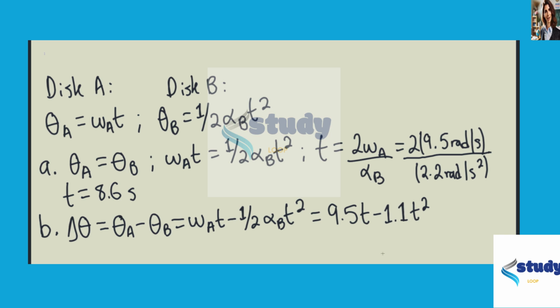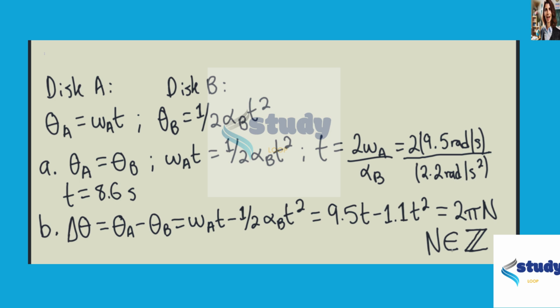Now, for the reference lines to align momentarily, and when I say momentarily, I just mean at a certain instant in time, we only require that delta theta, or the change in angular displacement, equals 2 pi times n, where n is an element of the set of all integers.